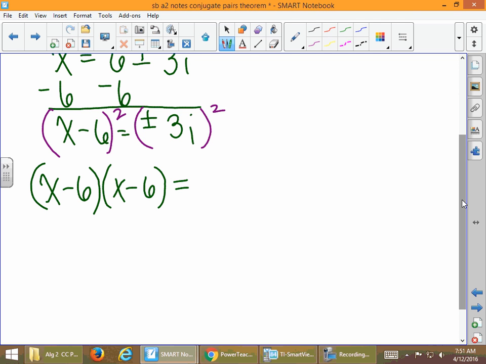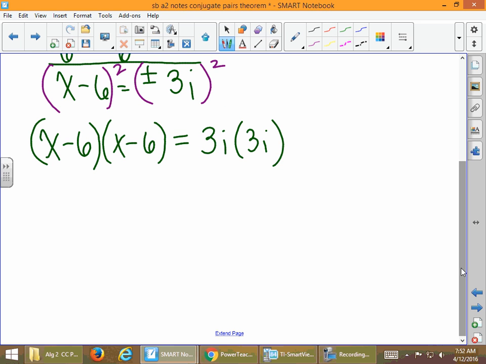If we square negative 3, what do we get? We still get 9. It doesn't matter that it's plus and minus here. When we square this, it's going to turn into positive. And squared means times itself.